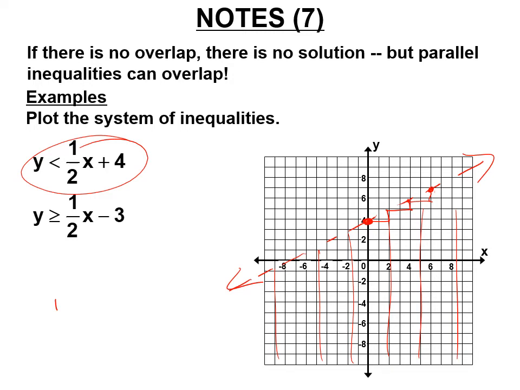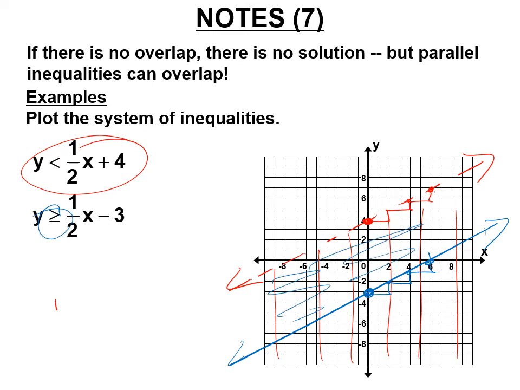So the bottom one is (0, -3) as our y-intercept. Same exact slope, should be parallel to the other one, but this time it's solid. Let's try to make these parallel. Okay, but here I'm supposed to shade above.